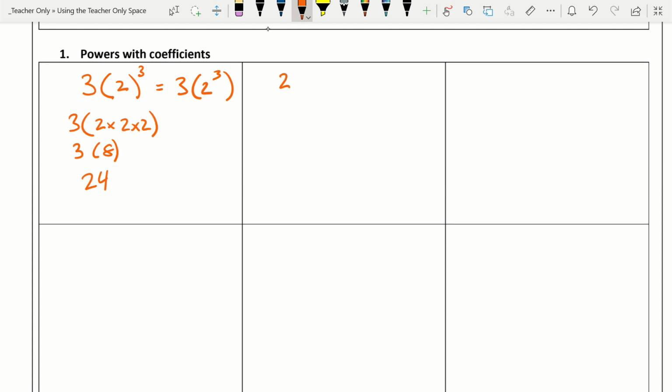Next one, 2 times x squared times 3 times x squared. You could also write this as just 2x squared times 3x squared. And what do we need to do? Well, we're going to take these coefficients, multiply them together, and then we will take these x's and we will also multiply those together.